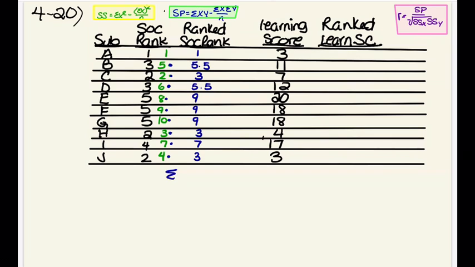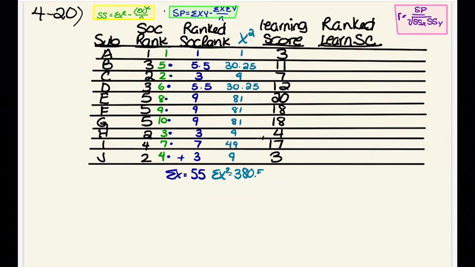The social rank of 5s are at positions 8, 9, and 10, and the mean is 9 for each of those. Now we're going to make these final ranks our X values and add them up to find the sum of X, and then we'll square them and add the squares to find the sum of X squared.